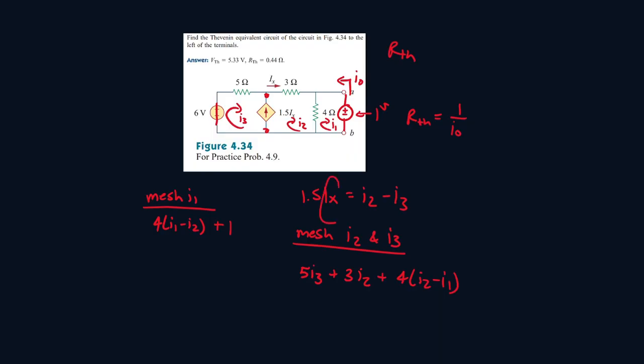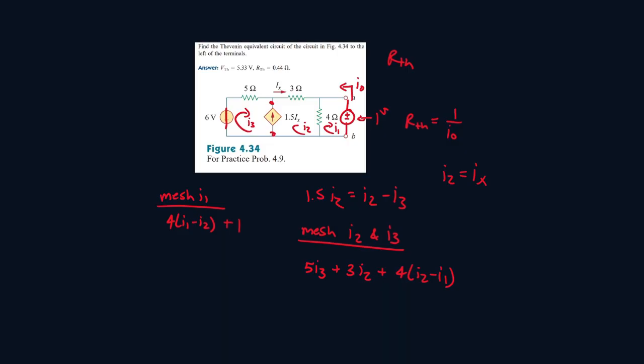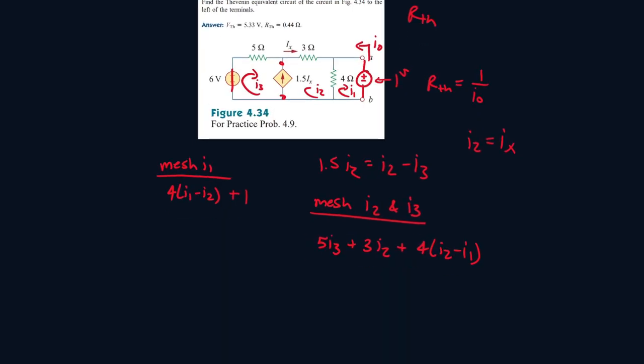Let's find a way to get rid of this Ix. We see I2 moves in the same direction as Ix, so I2 is pretty much Ix. So we can replace that with this. Now we have enough information to solve our circuit. So let's distribute everything in.